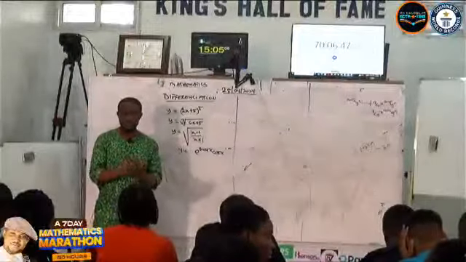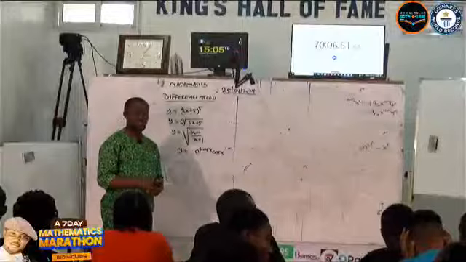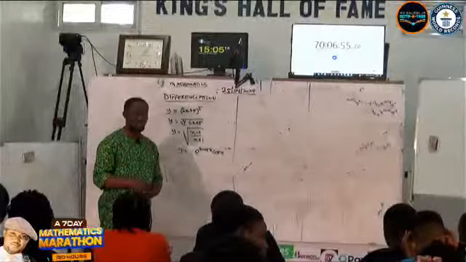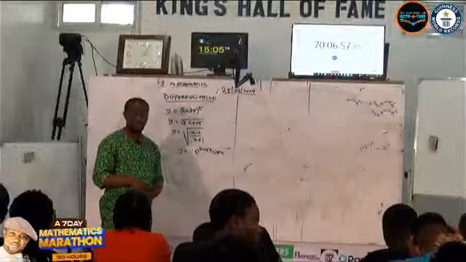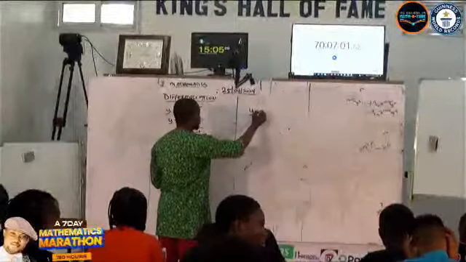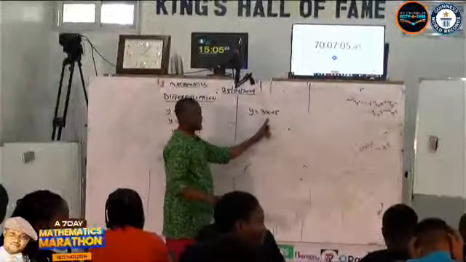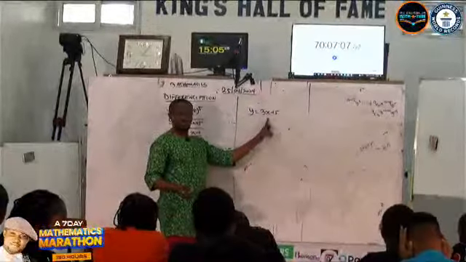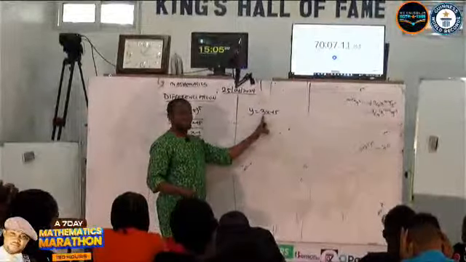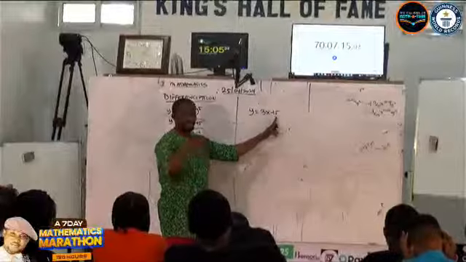But the starting point of using formulas starts from function of a function, that is a composite function. When you have a function inside a function, for example, y equals 3x plus 5. If I say differentiate this, you know it's easy. dy/dx, the answer is 3, because the constant is gone.